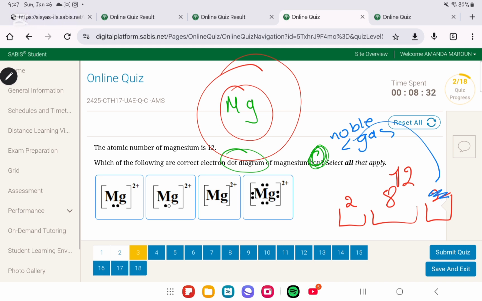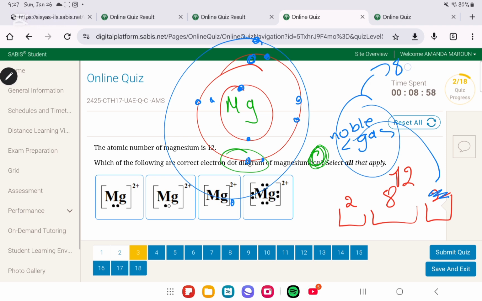So if you were to denote it in the beginning, it was gonna be 1, 2, then 1, 2, 3, 4, 5, 6, 7, 8, then another shell that had 2. But because it wants to reach the noble gas configuration, which has 8 valence electrons, it lost this shell with the 2 electrons, okay? So then it was just like this.